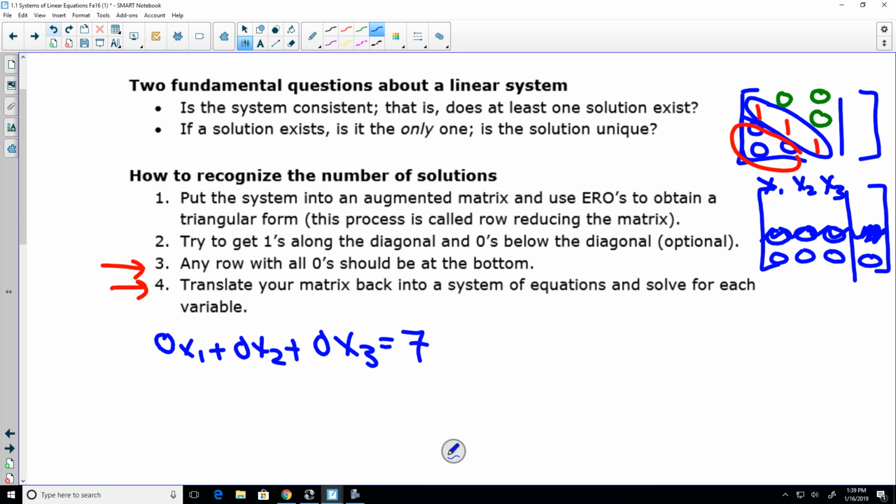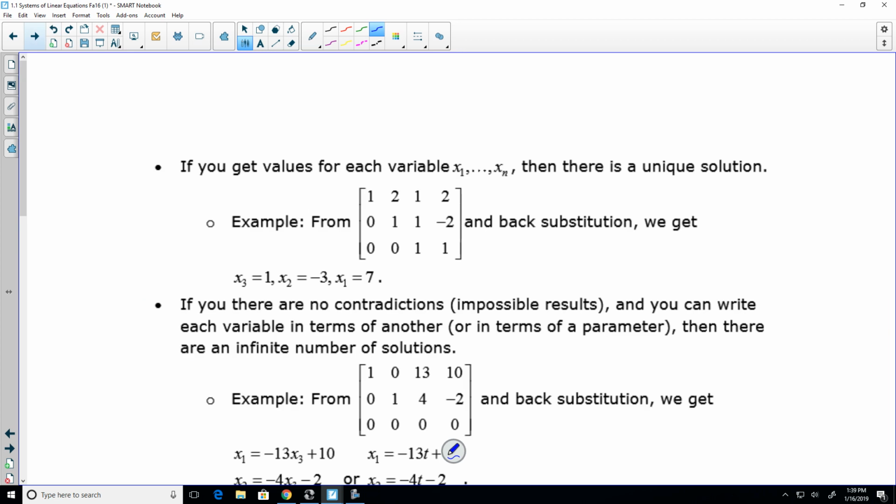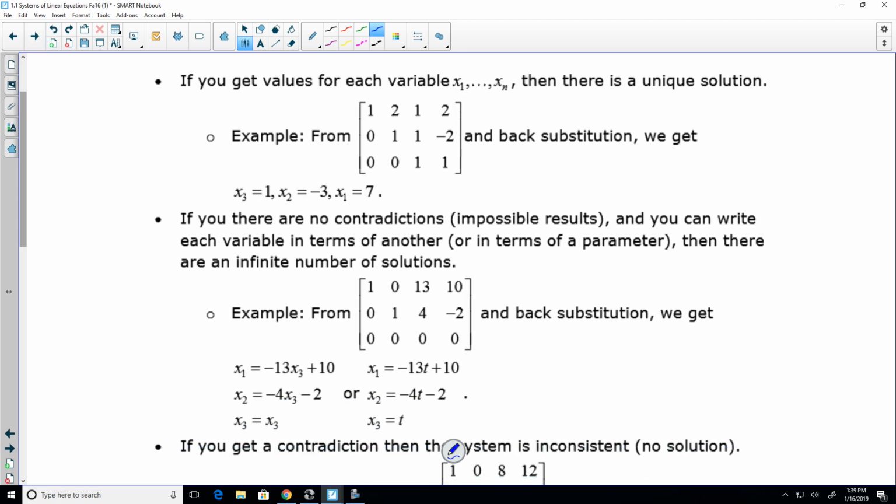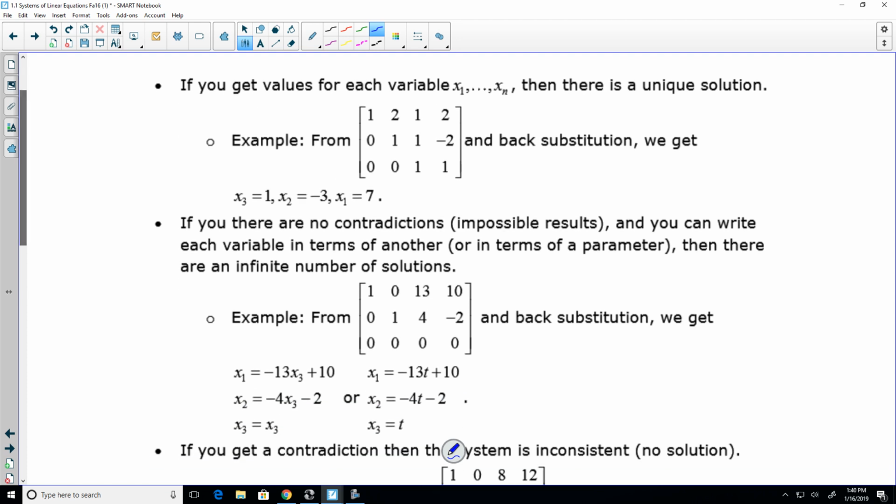Any questions? So this says if you get values for each variable x1 to xn, then there is a unique solution.